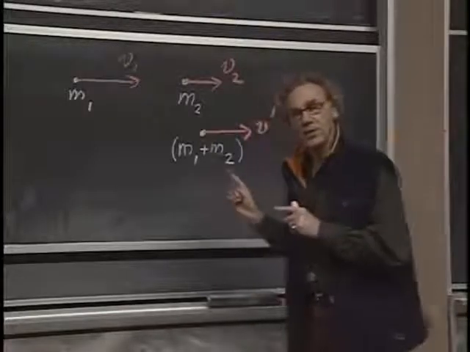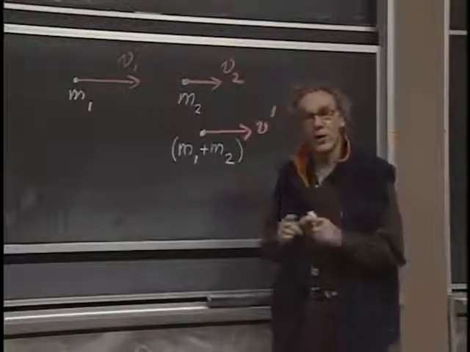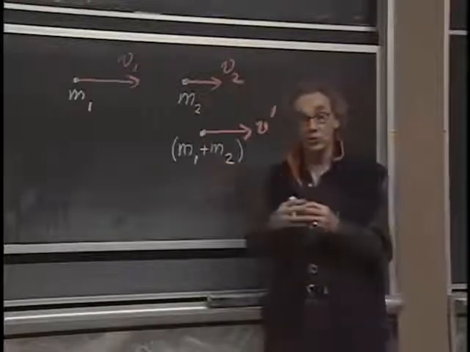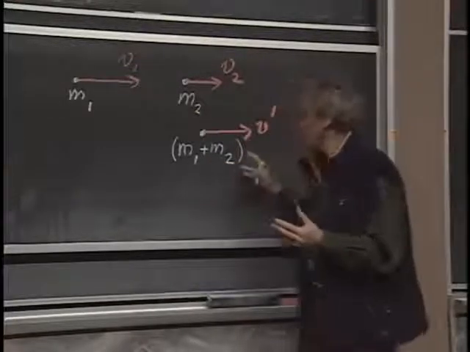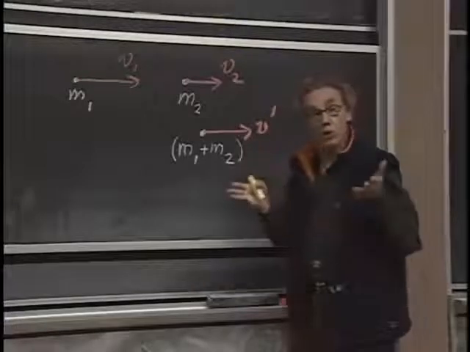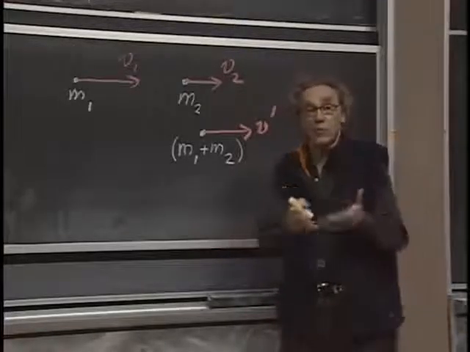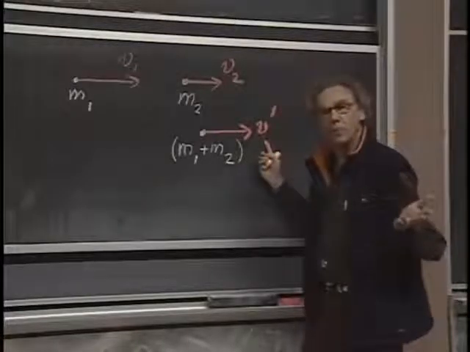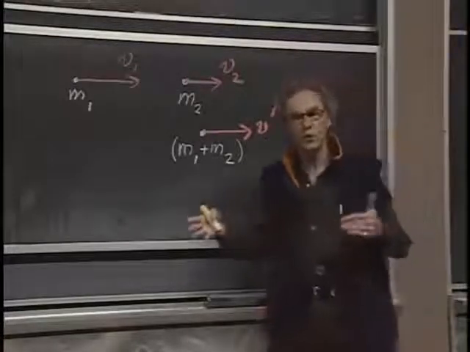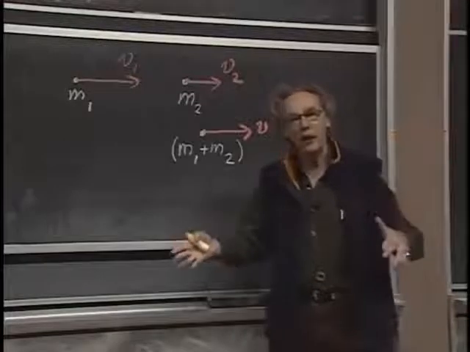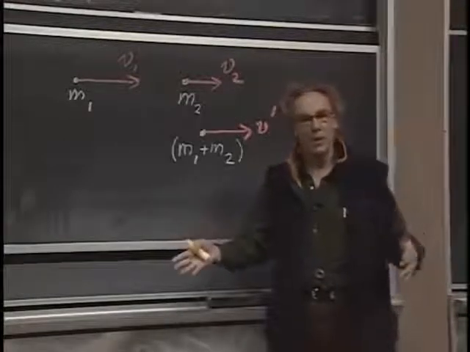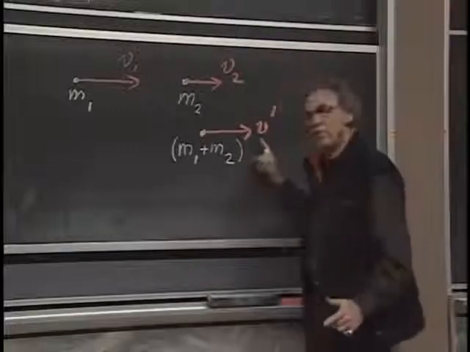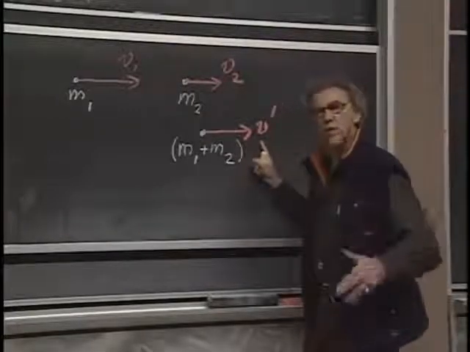In this case, we're dealing with an inelastic collision, so m1 and m2 are stuck together. They are merged, so it is sufficient to just call it v prime. You could have called it v1 prime, because v1 prime is the same as v2 prime, is the same as v prime. During the next 4 minutes, you will see that a few times I call it v1 prime. I wish I really hadn't. It would be better if I had just used v prime. That is unique and sufficient.